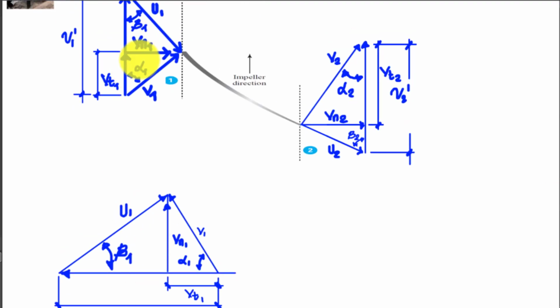Okay, so this is representing point 1. Now, since our absolute velocity leaving the vane is equal, we can draw this one parallel on this side. So let's try to do that.